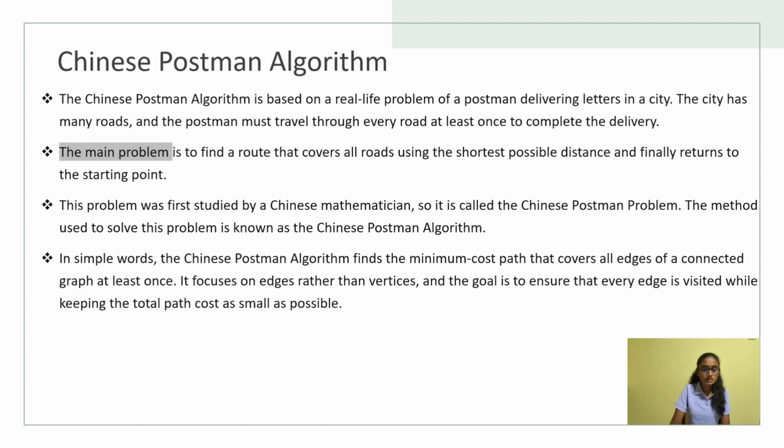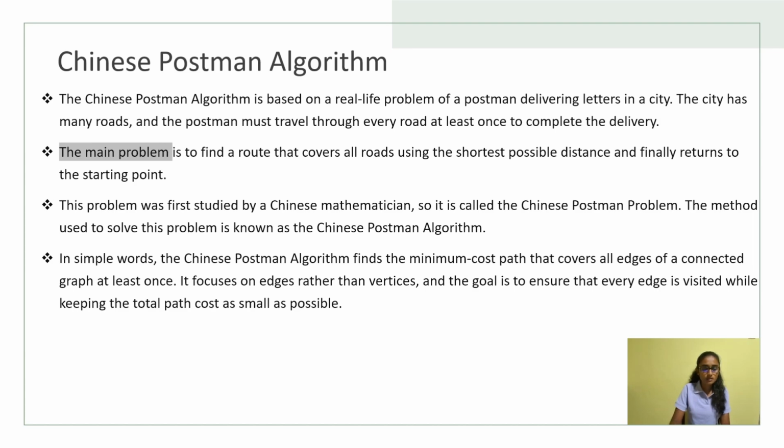The problem is, how can the postman walk through all roads with the shortest possible distance and return to the starting point? This problem was first studied by a Chinese mathematician, so it's called the Chinese Postman problem. And the algorithm used to solve this problem is called the Chinese Postman Algorithm.